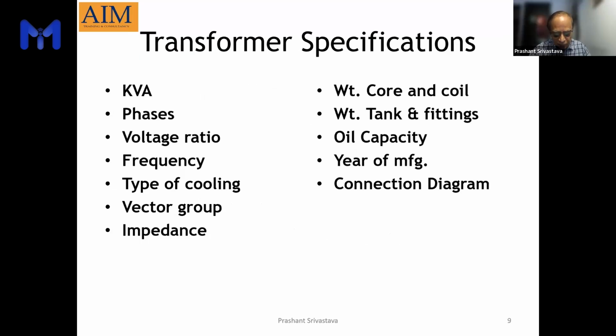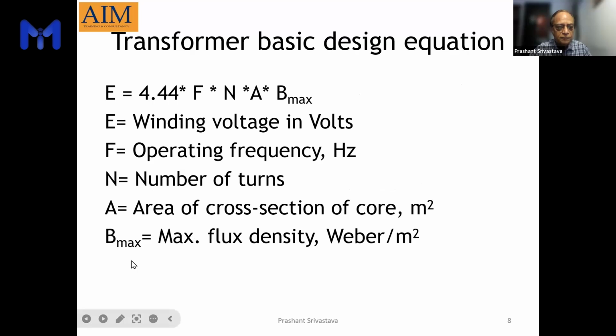The B max is a quality of the magnetic steel. Nowadays 1.7 to 1.8 Weber per meter square quality materials are available.